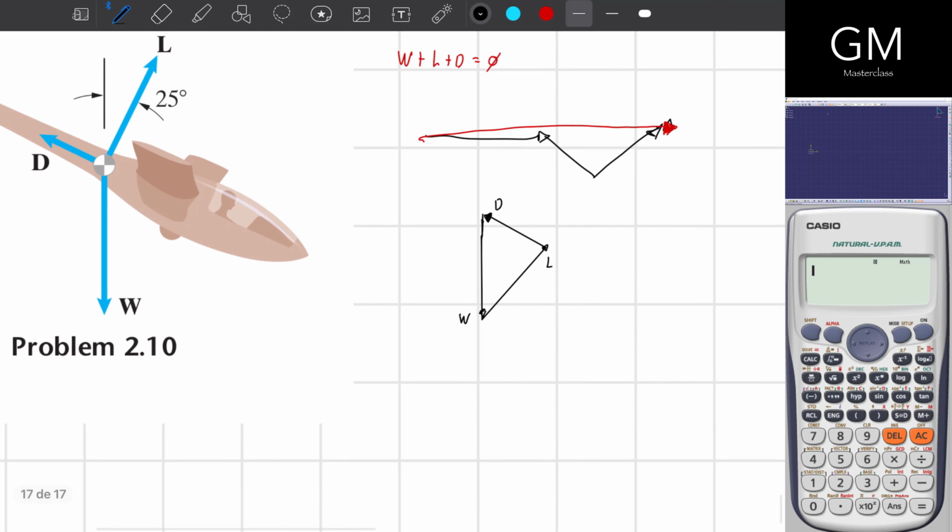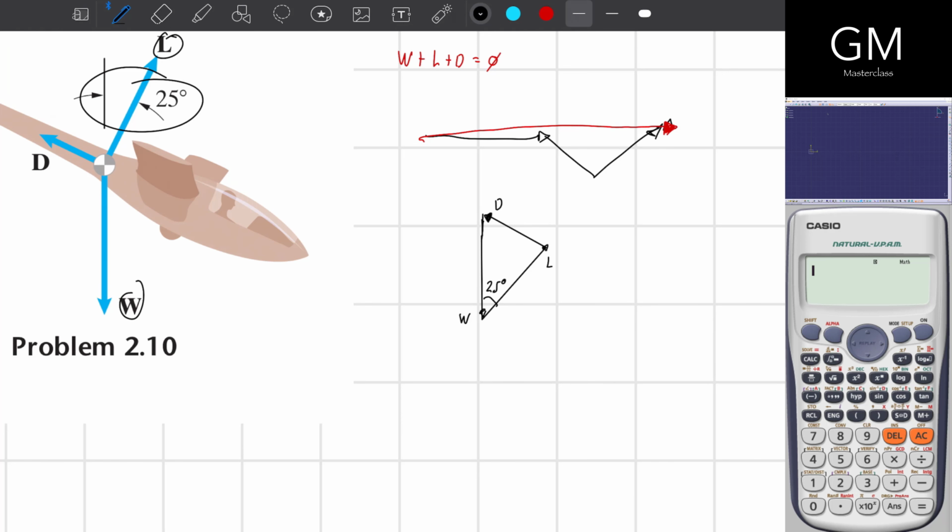So once I have this and I want to know these two magnitudes, what I have to do is start playing with trigonometrical identities. This is telling me that I have an angle of 25 degrees between the weight and the lift. So weight and lift is right here, so this is equal to 25 degrees.